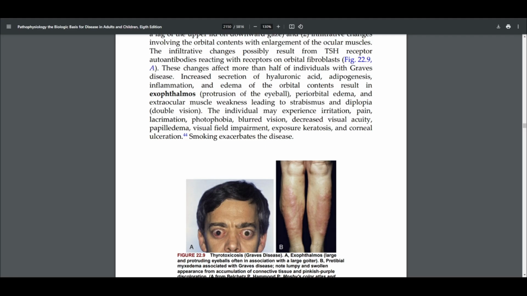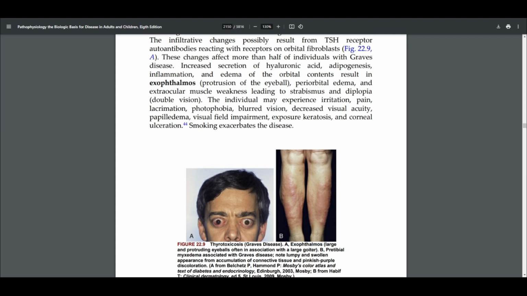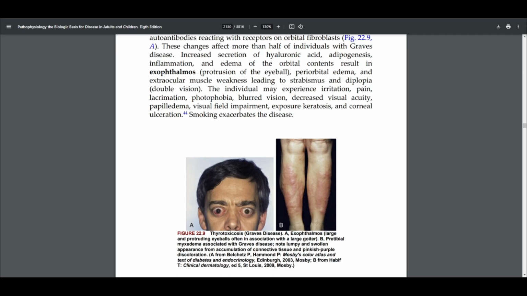Increased secretion of hyaluronic acid, adipogenesis, inflammation, and edema of the orbital contents result in exophthalmos, the protrusion of the eyeball, periorbital edema, and extraocular muscle weakness, leading to strabismus and diplopia.